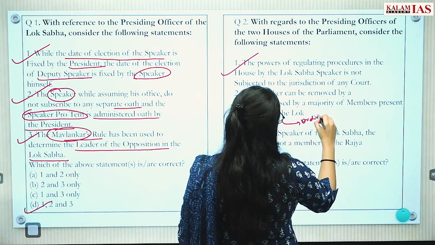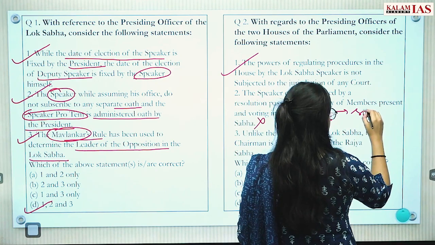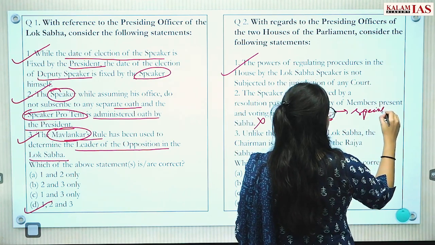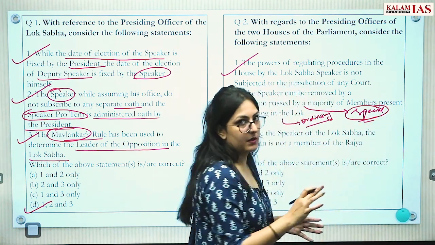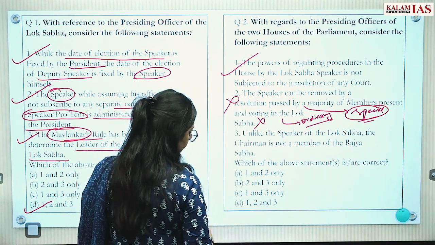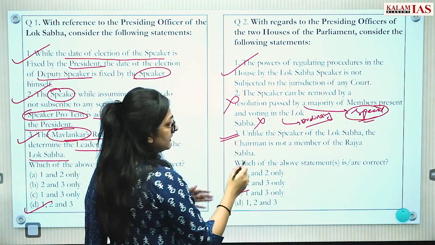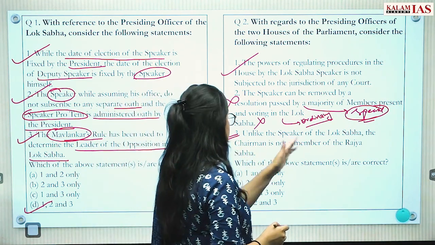But we have just seen that the speaker is removed by a special majority, by a resolution of all the members of the Lok Sabha, not present and voting. So, this is false. So, the answer will be 1 and 3. Now, this is also true. Unlike the speaker, the chairman is not a member of the Rajya Sabha.